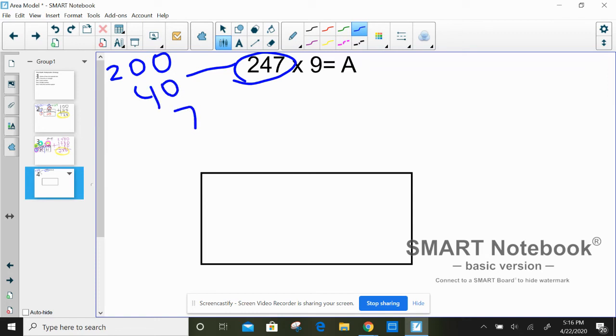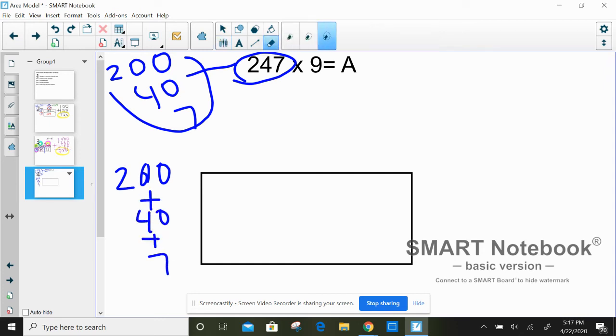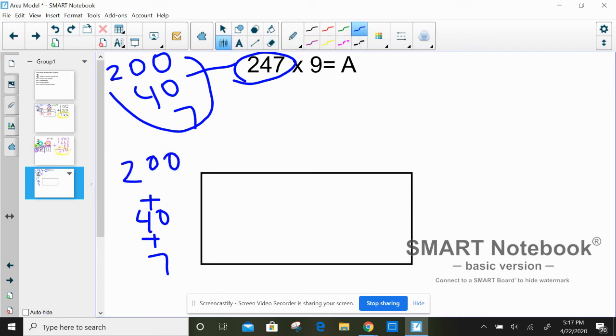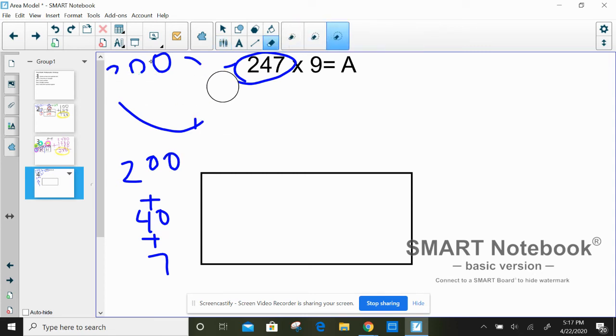Okay, so it'd be 247. And all of these are going to go down below here, okay? We'll do 200 plus 40 plus 7. Okay. And then I'm going to erase these since we had them written down below.